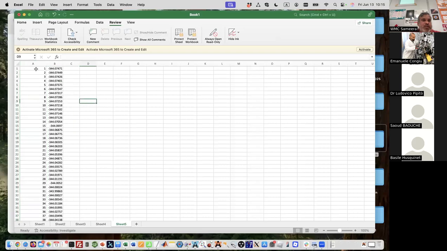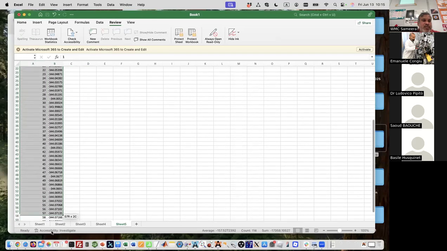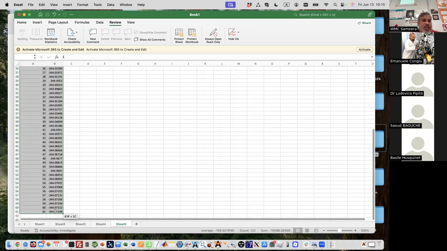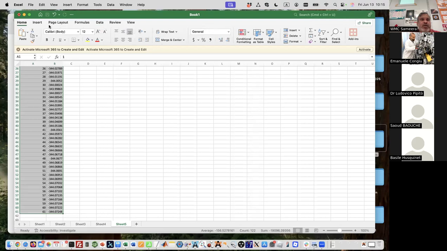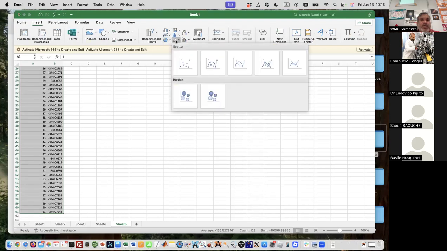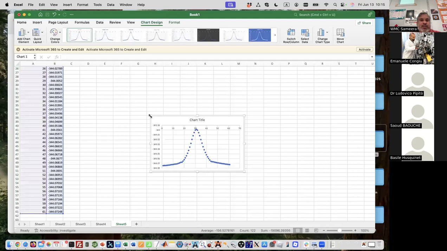So if you plot the energy versus the number of steps, you will see a plot like this.